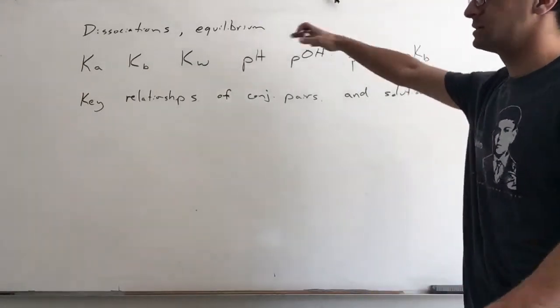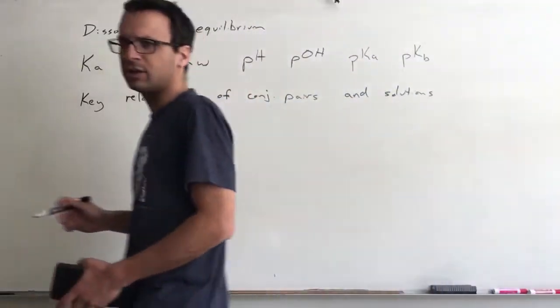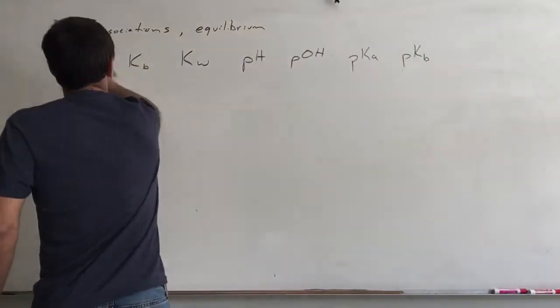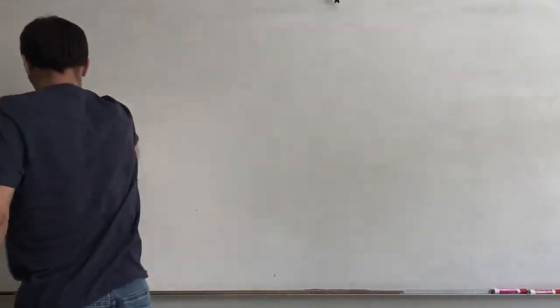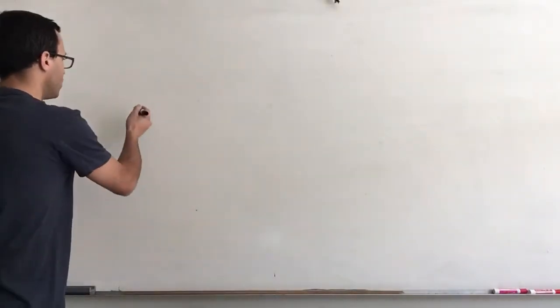Okay, so I'm going to erase this and start working on things one by one. First thing that we're going to look at is the idea of dissociations. When we're talking about acid-base dissociations and writing them, this is part of your homework.